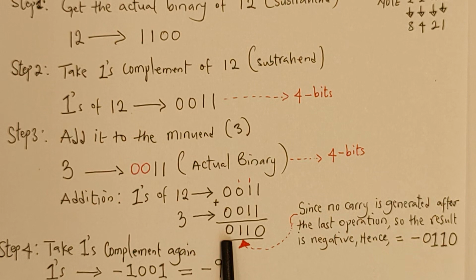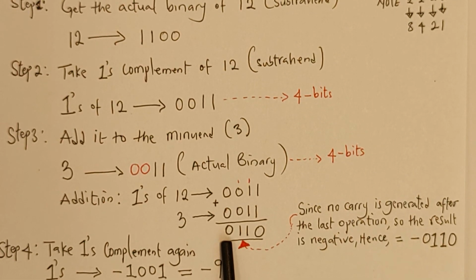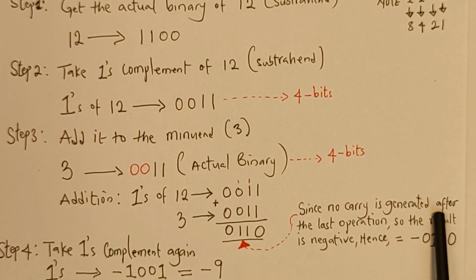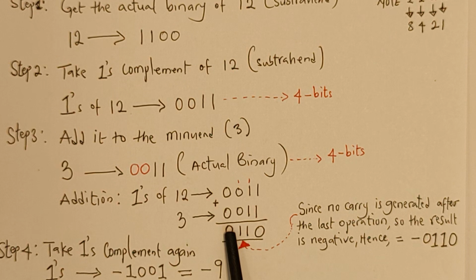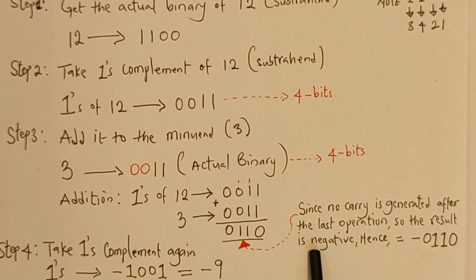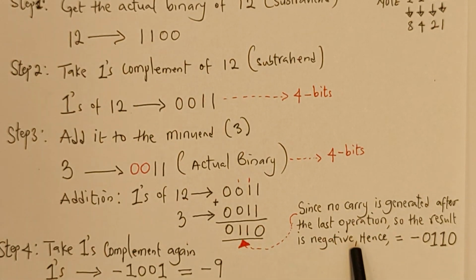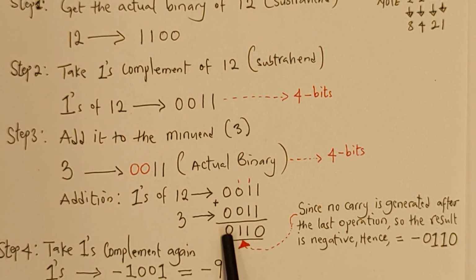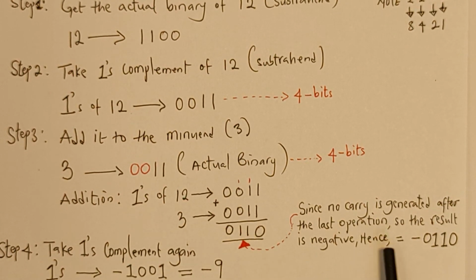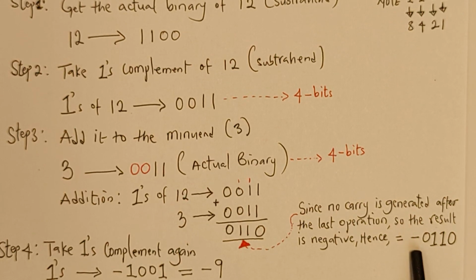In this case, the rule 3 says that if carry is not generated, the result is said to be negative. Since no carry is generated after this last addition, the result is negative. We're going to have minus 0 1 1 0.